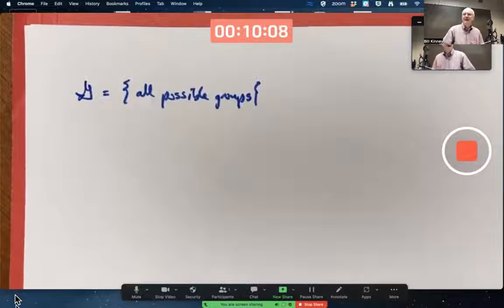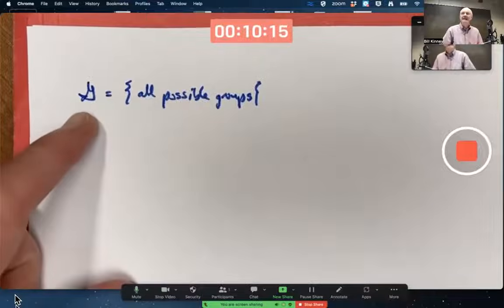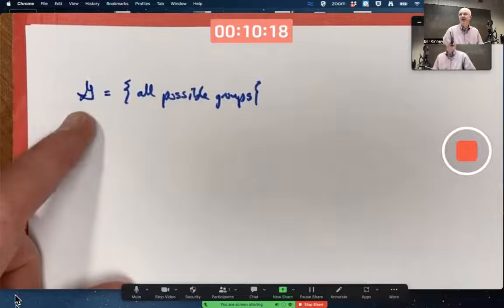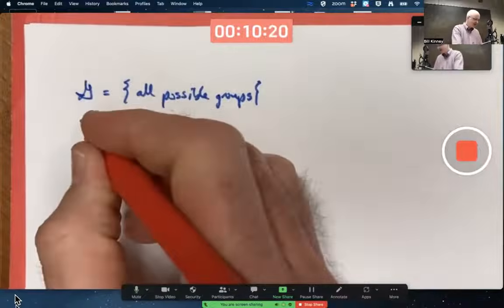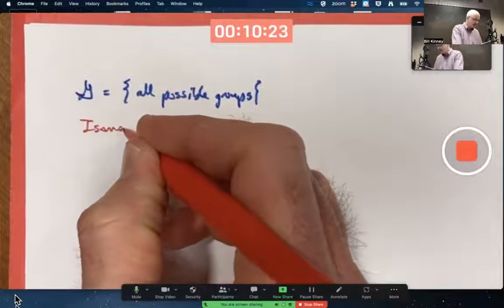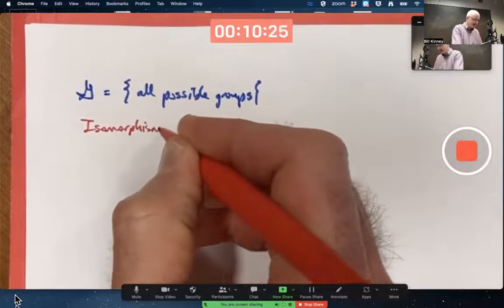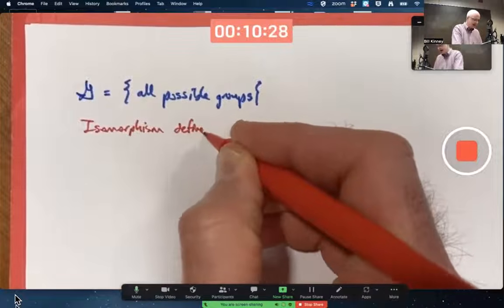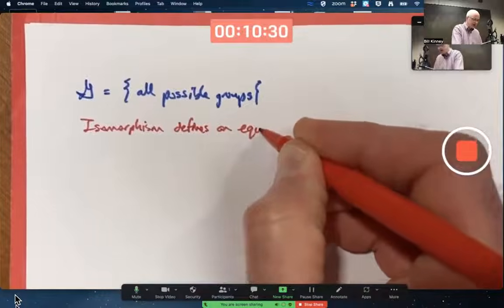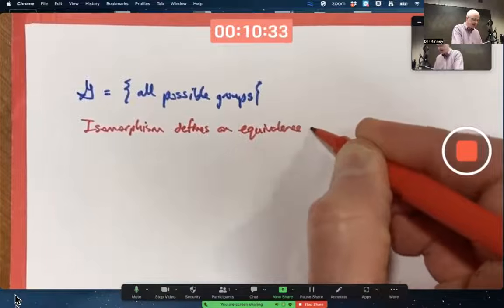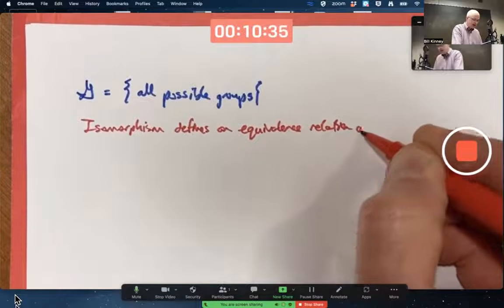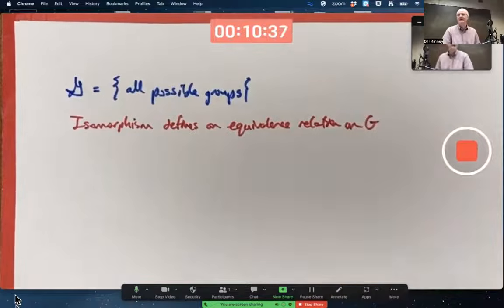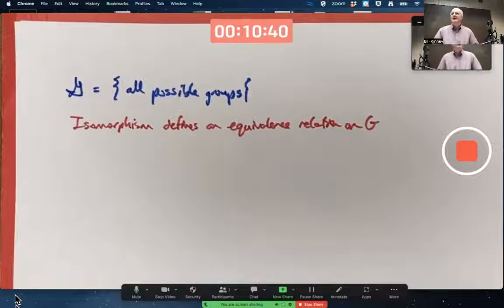The concept of isomorphism, two groups being isomorphic if there's an isomorphism between them, defines an equivalence relation on cursive G. We talked about equivalence relations back in chapter 0, and we applied them in thinking about modular arithmetic a bit.